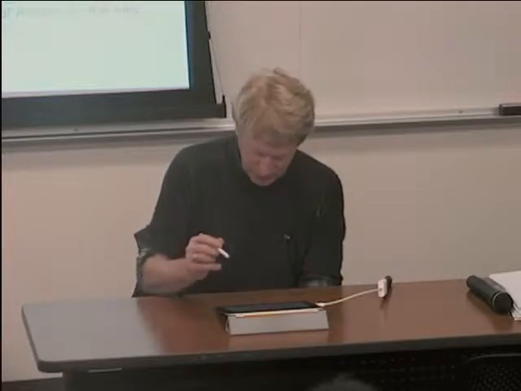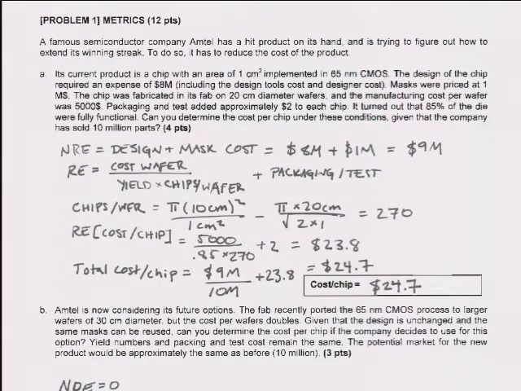Now to figure out the number of chips per wafer, there was an expression that I had given in lecture, which computed the number of chips per wafer. You have a round wafer, you have a square chip. So you can compute the area of the wafer and divide it by the area of the chip, which is 1 centimeter square.